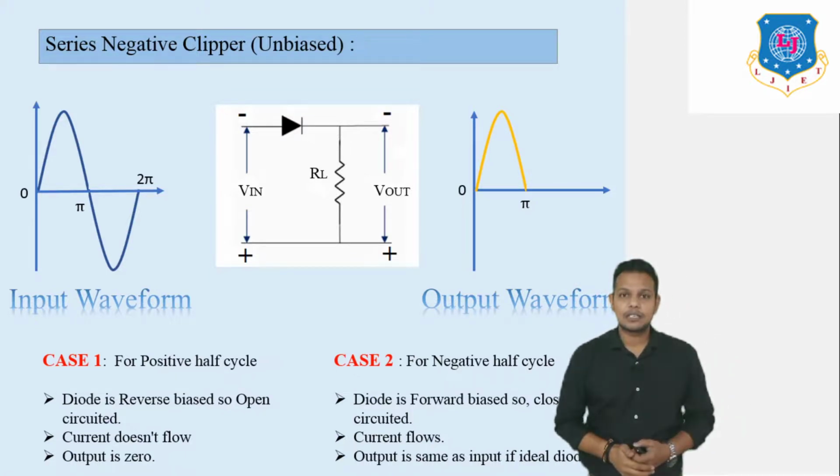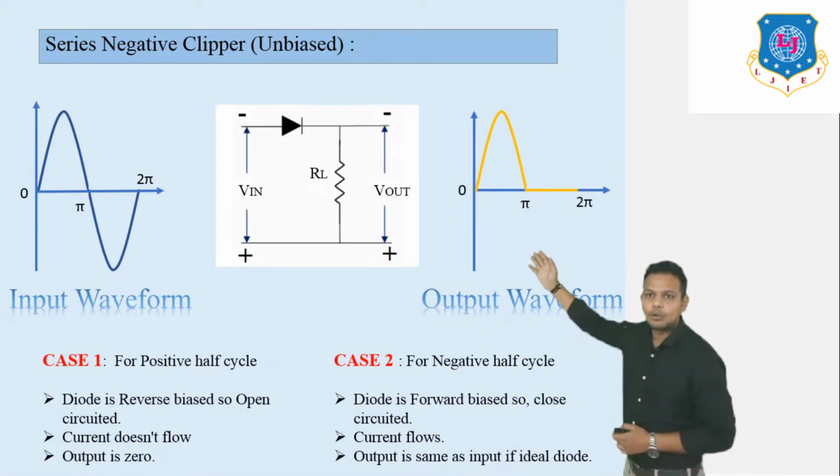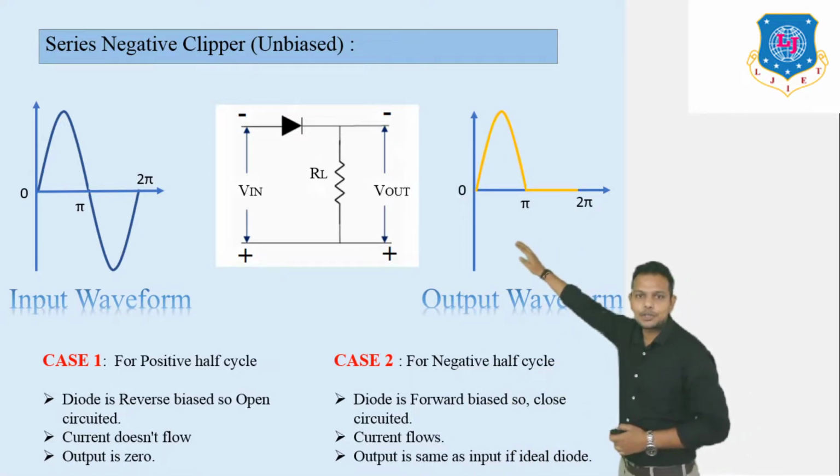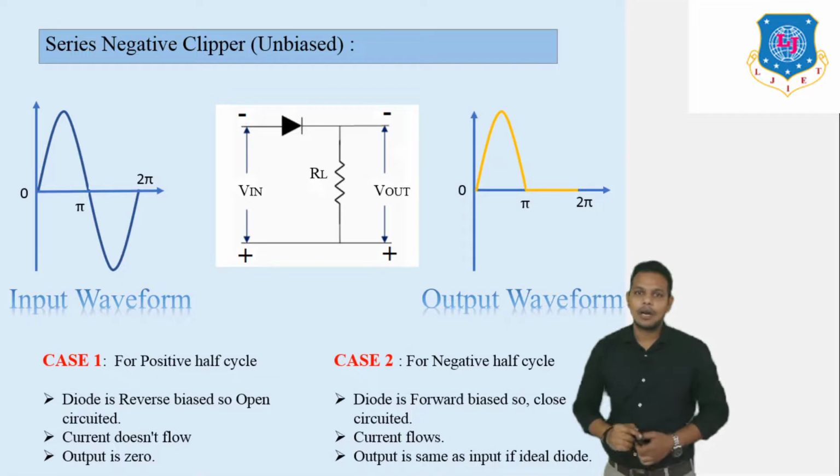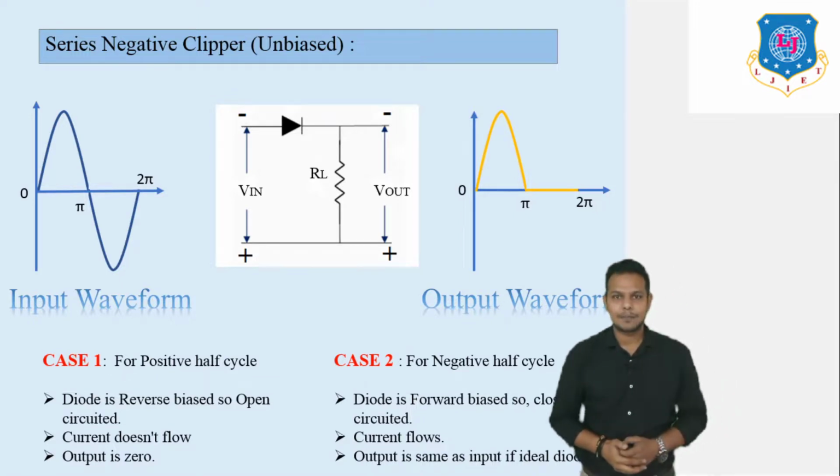Reverse bias means your diode is open circuited. If it is open circuited, that means no current flows in this circuit diagram. That means your output will be 0. Pi to 2 pi is your output for the negative half cycle.